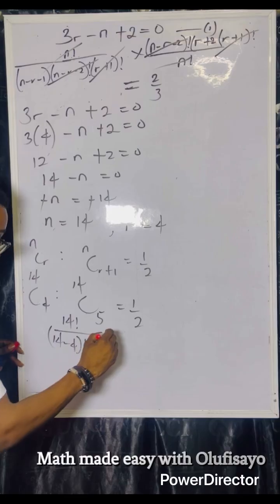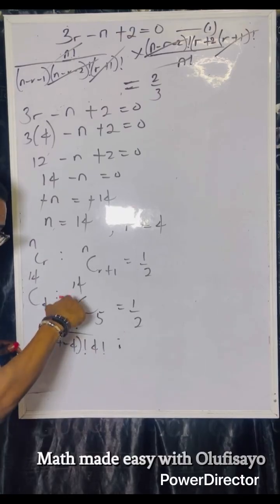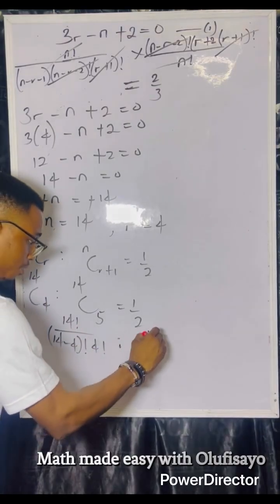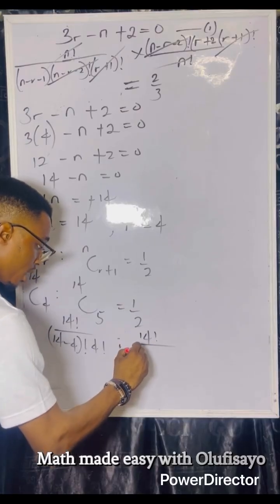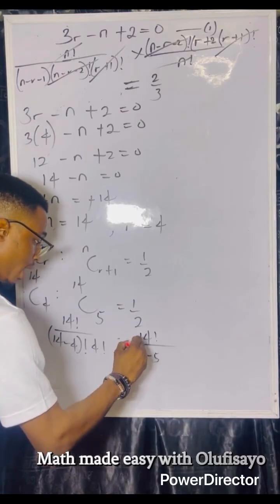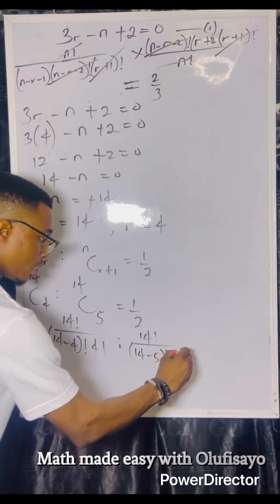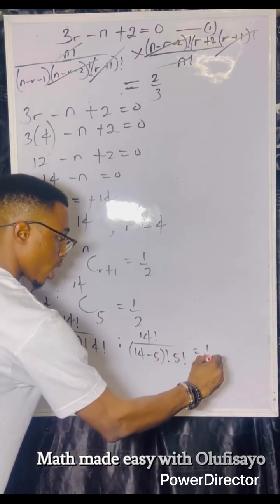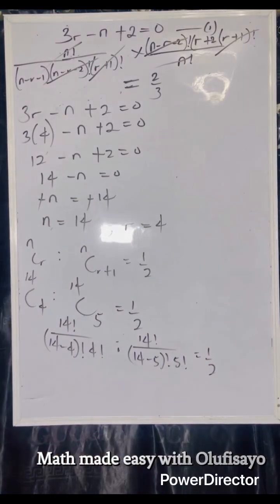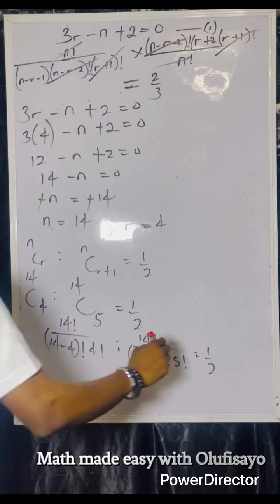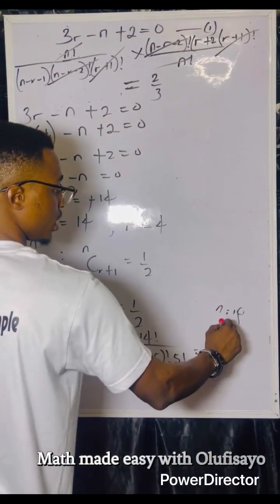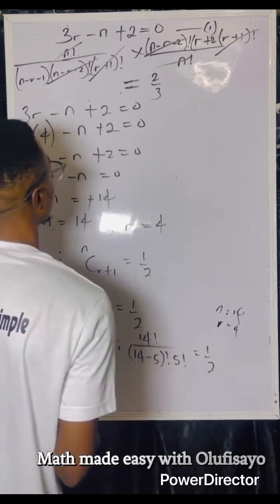Isn't it? Yes. Ratio. Same thing applicable to this guy. We have 14 factorial over 14 minus 5 factorial, 5 factorial equals 1 over 2. I just want to cross check. Don't forget we said our n is 14 and our r is 4.